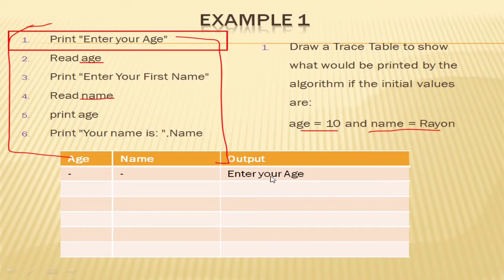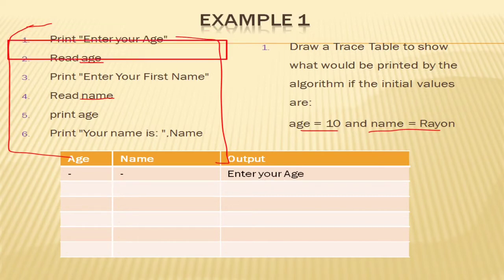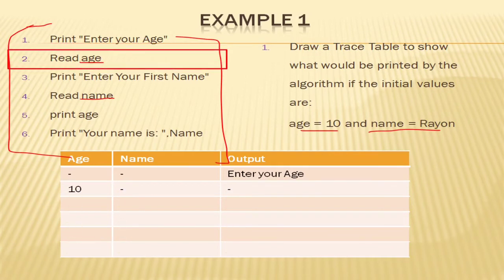Once we do that, we're then going to move to the next line, which is line 2. And if you remember the question, it says that we're supposed to assume that the initial value for age is 10. So it means that when we see at line 2 here, read age, we are assuming that the user will actually enter a value for age and the value will be 10, right?